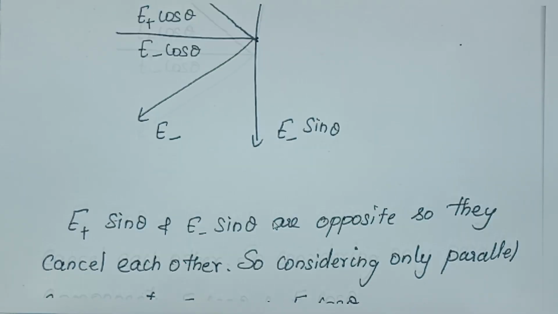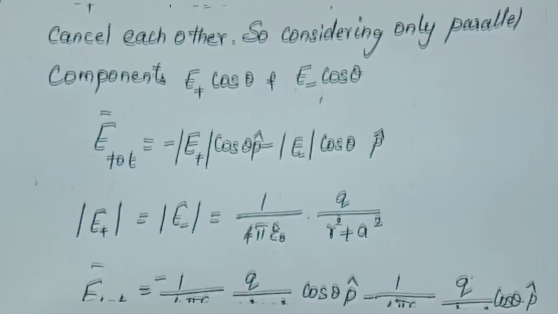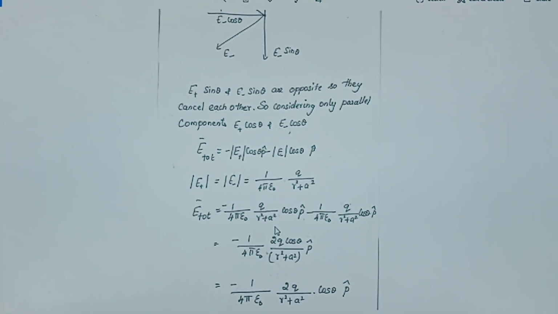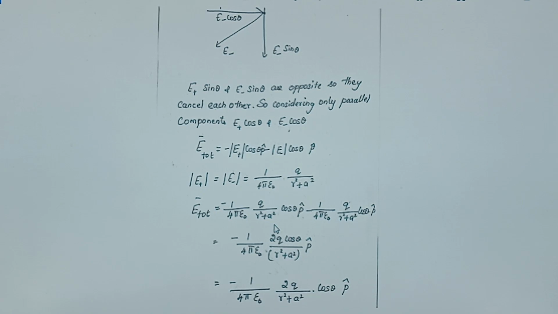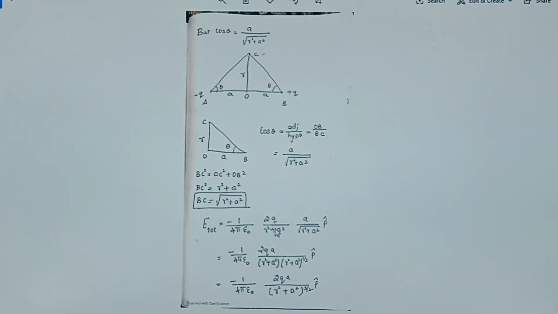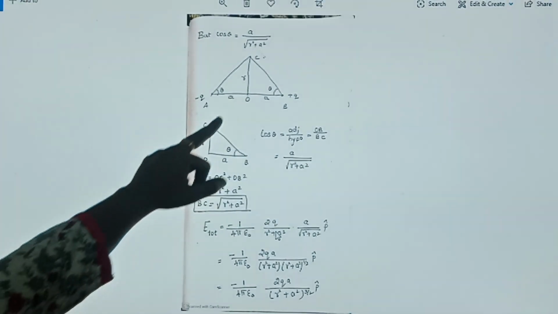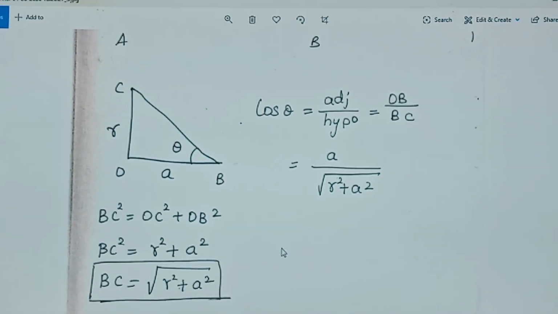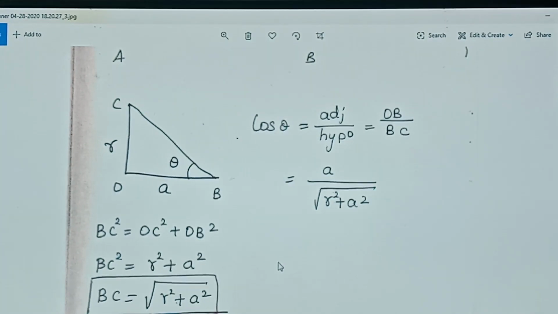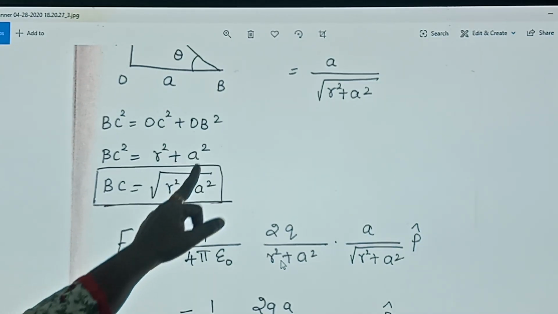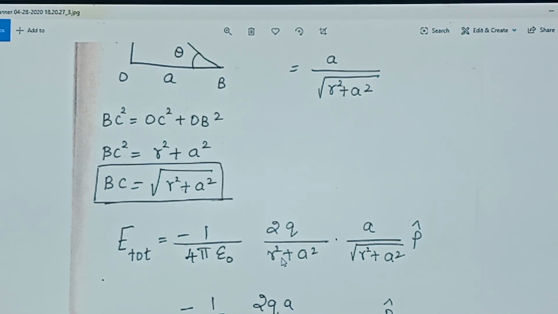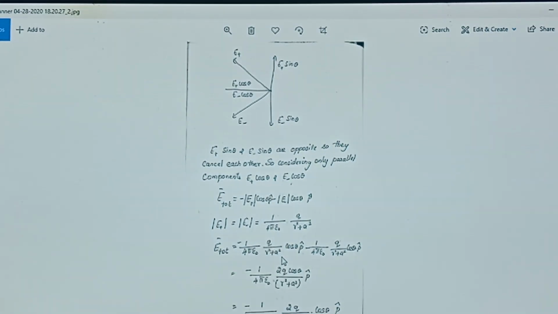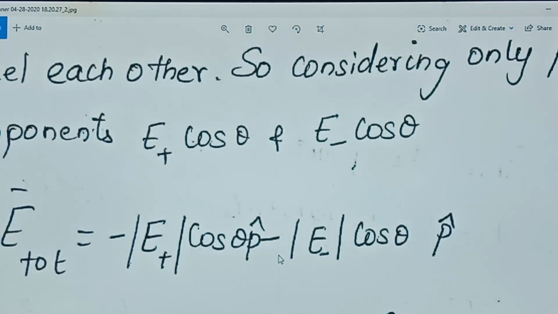Here the distance we are considering is between this B and C, and that value is given here as R square plus A square.